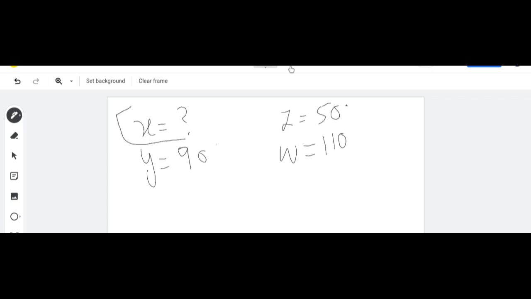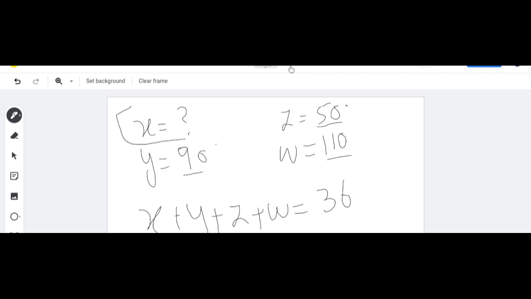Before going to any complicated calculation, just use this trick. As I told you, the sum of all exterior angles is equal to 360. So I have to add these: 90 plus 50 plus 110. Answer is 250.